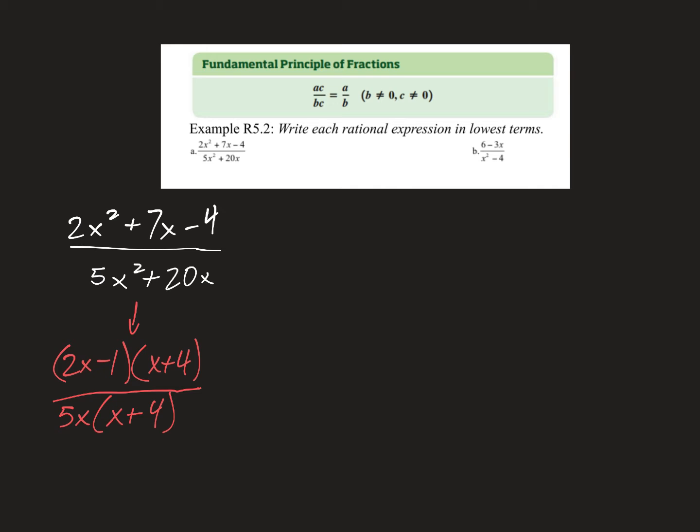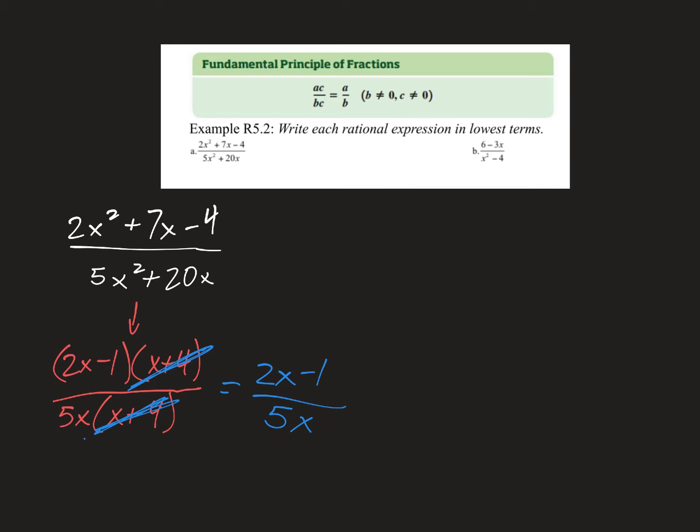Now you can pretty easily see that on top and bottom there is a common factor, x plus 4, and so these would cancel each other out when we simplify. I would be left with 2x minus 1 over 5x. That would be considered the reduced form, simplified form, or lowest terms, however you want to refer to it, but those are all common ways of stating this.